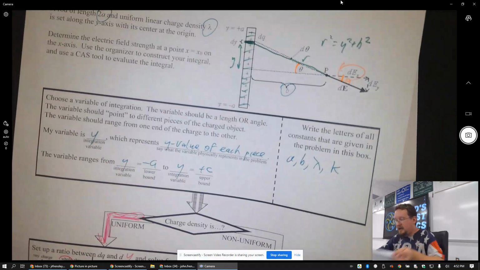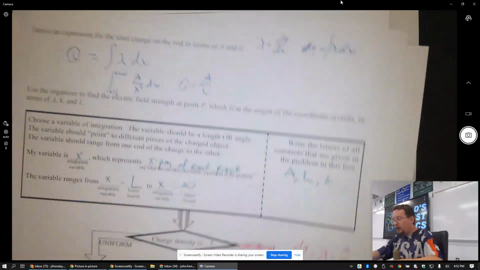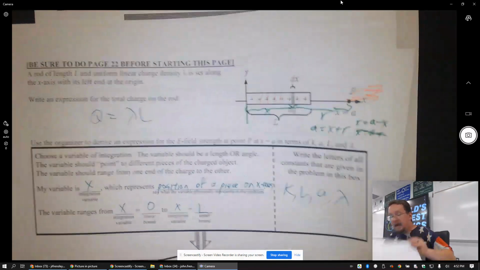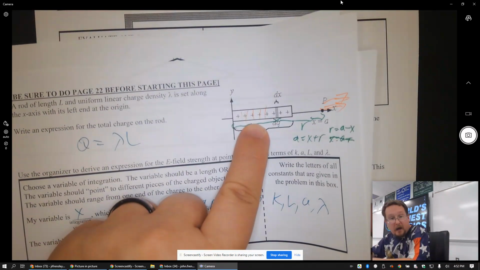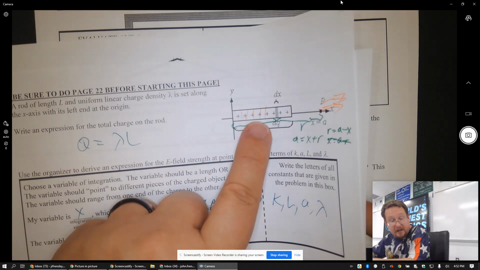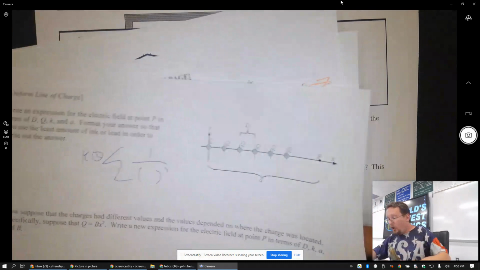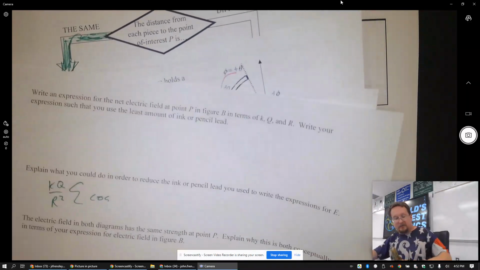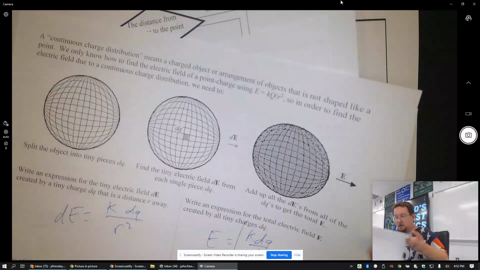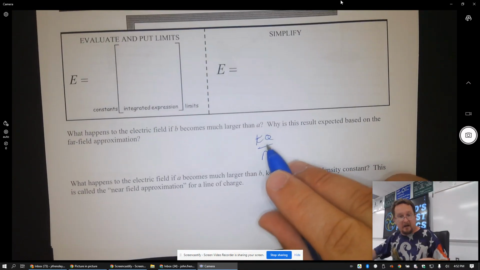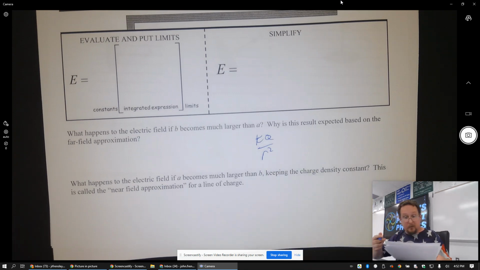If you're really far away from the finite uniform density, finite length line of charge, or very far from the ring of charge, your expressions start to look like kQ over r squared in the limit where r gets big.